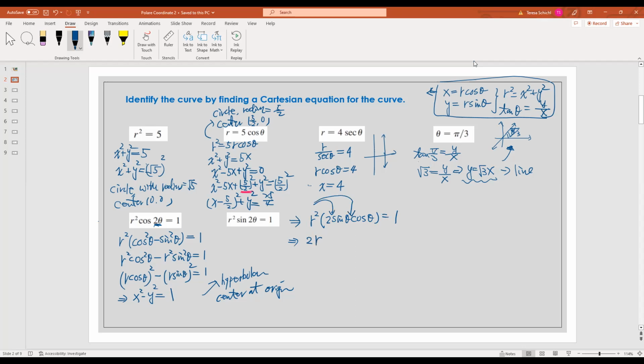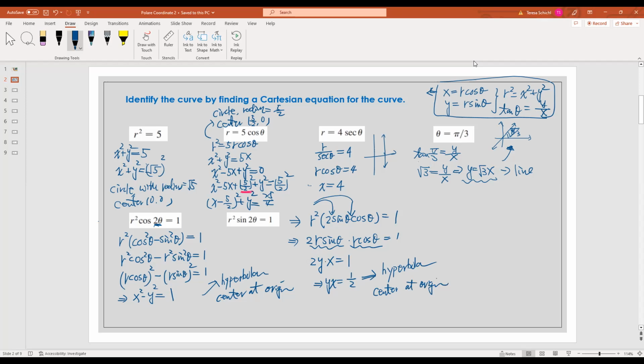So I will say 2 times r sine theta times r cosine theta equals 1. So this is 2y times x equals 1, and that means y times x equals 1/2. Wow, what is this graph from geometry? We said this is a hyperbola again, and also centered at the origin, right?